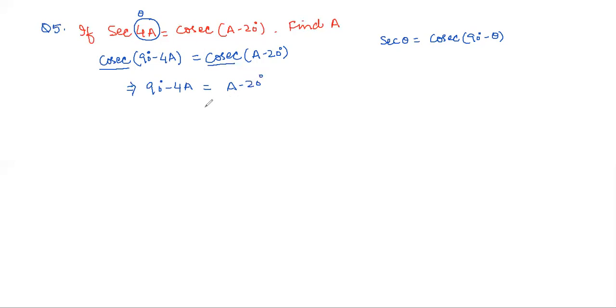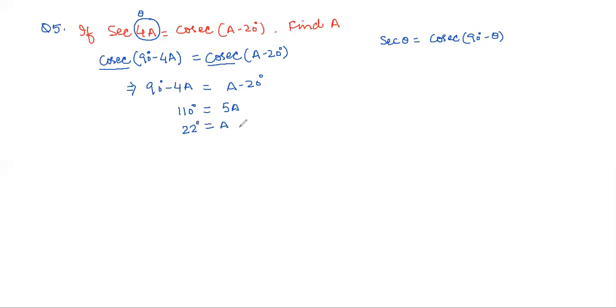Now we will solve for a. So bring this a this side, it will become 5a, and take this 20 this side. So this will become 110. Therefore, a is equal to 110 divided by 5. 5 twos are 10 and 5 twos are 10.